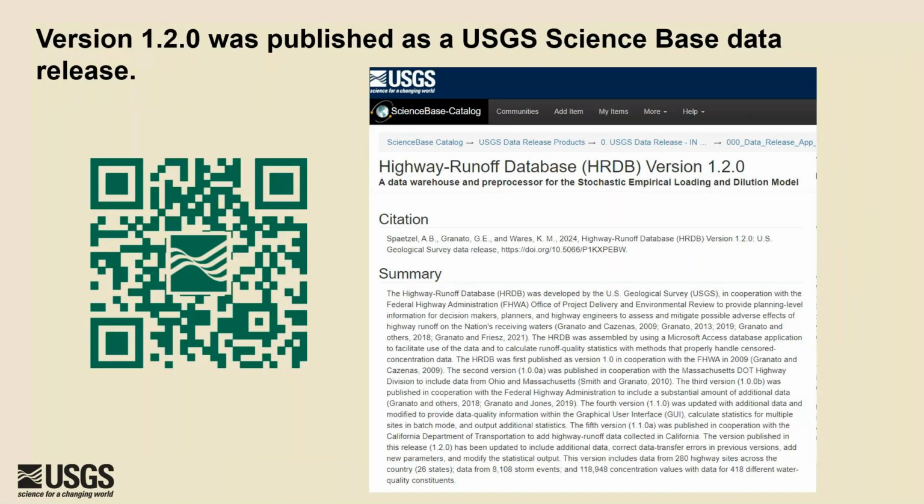So I've been talking about version 1.2 of the Highway Runoff Database, which was published as a science-based data release in October 2024. And this is just a snapshot of its science-based data release landing page. And the QR code on the left can take you to that landing page.